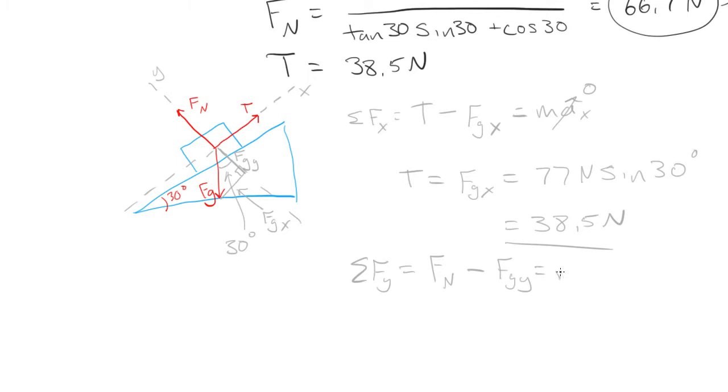That's equal to mass times acceleration in the y direction, which is 0. Again, the sled is not accelerating. So I can write down the equation. The normal force is equal to the force of gravity in the y direction. Those two are in balance. So that's going to be 77 times the cosine of 30, which is equal to 66.7 newtons.